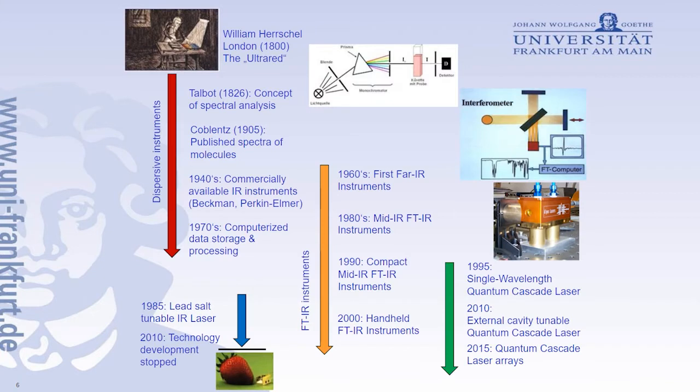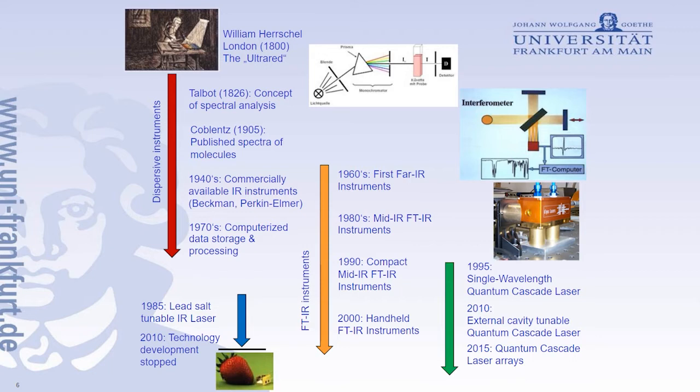Infrared spectroscopy is an established technique which is now approximately 200 years old. If you look at history, you see that the infrared was discovered around 1800, the so-called ultra-red part beyond the visible light by William Herschel, a German immigrating to London, and it became gradually a method for molecular analysis, mostly entering chemistry.